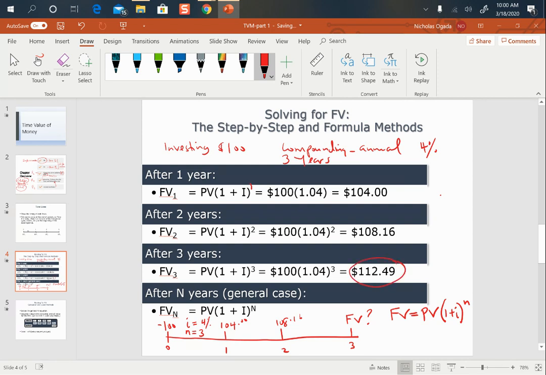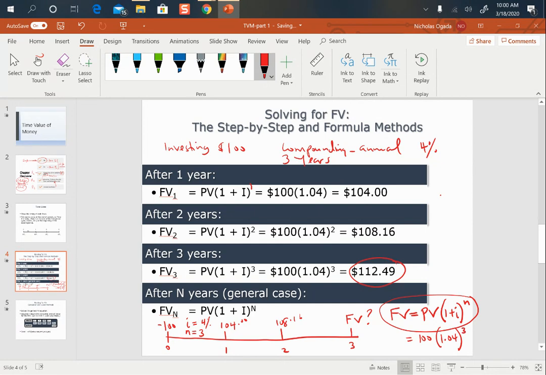So simply put, to avoid the tedious process of figuring out how much you have at year 1, year 2, and year 3, the best approach is just to use the formula. If you insert the formula, your present value is 100, your rate is 4%, so that will be plus 0.04, and your n is 3.